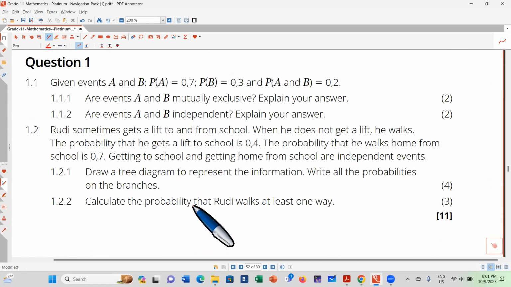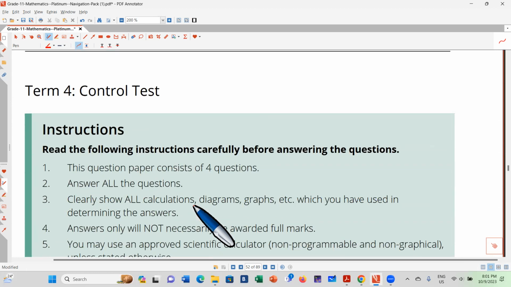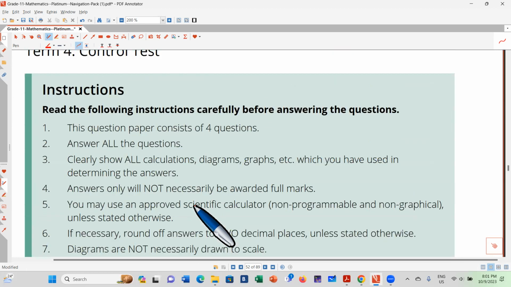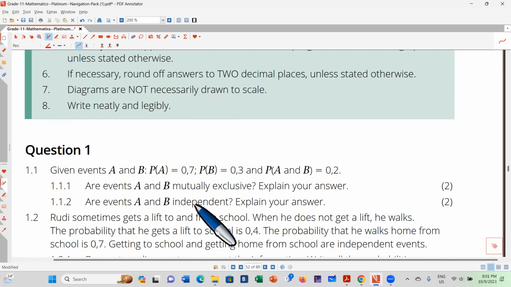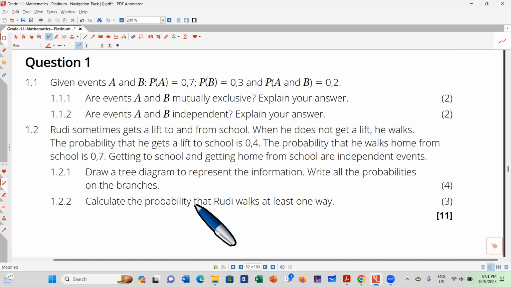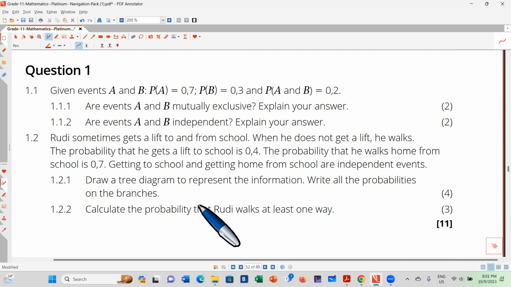I want us to do some finance questions. Okay, let's start with these ones here, on probability. These questions we are doing now are actually on probability.